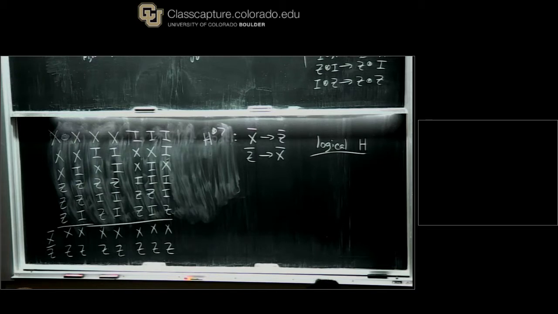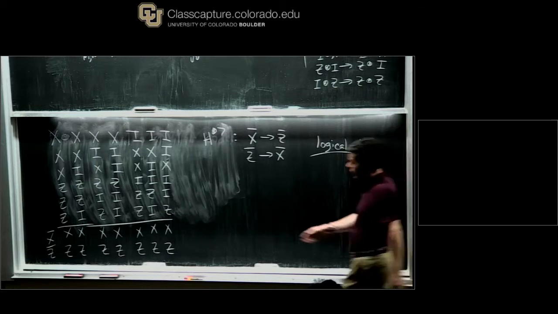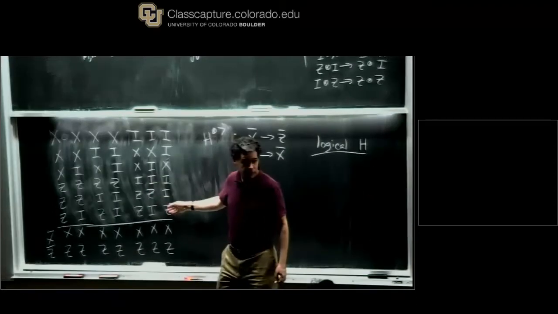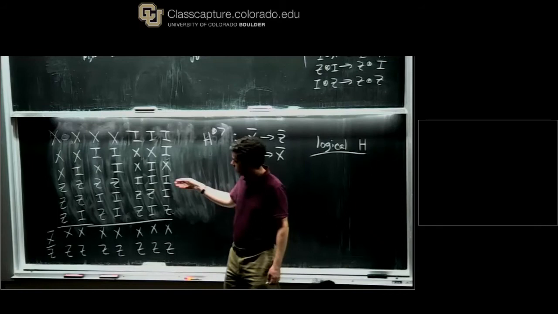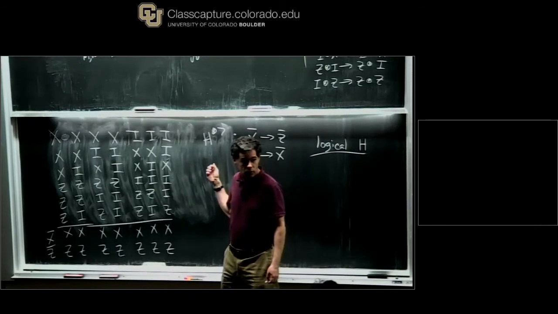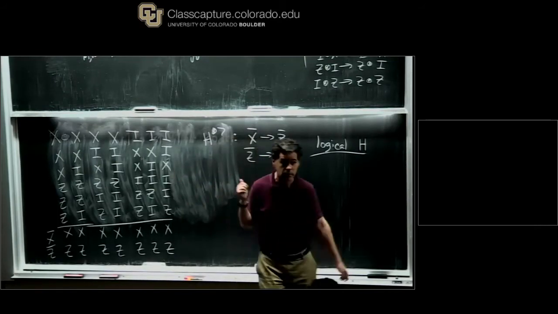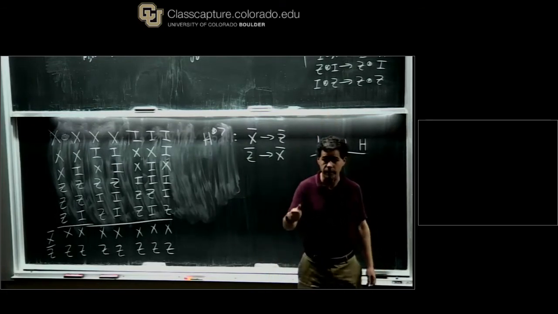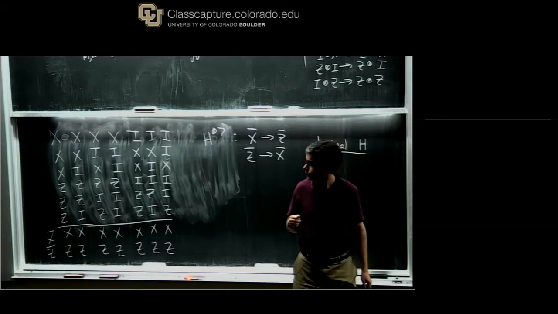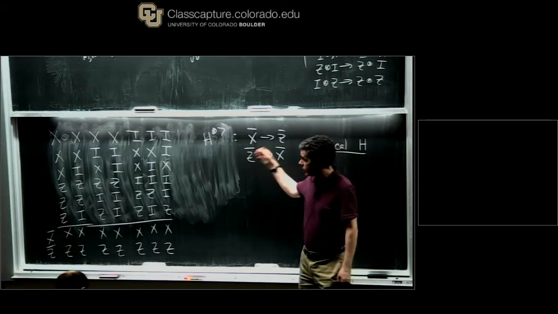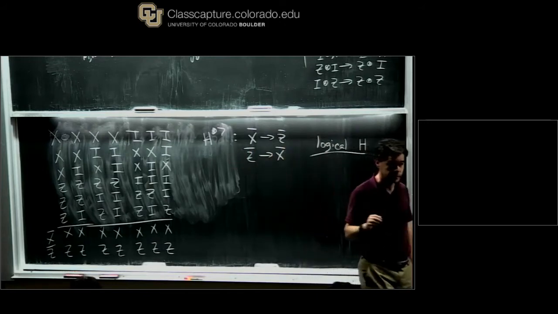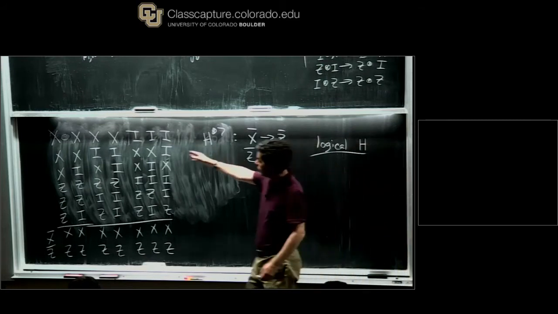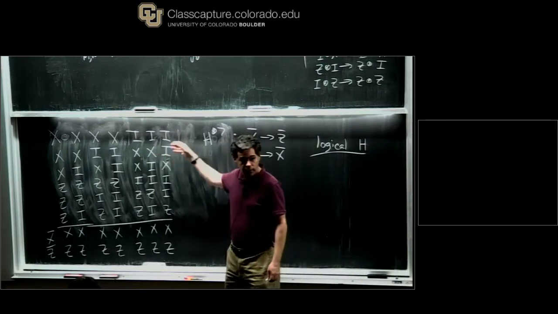If we look first at these generators, Z's tensor I's, the CNOTs will not do anything, right? Because Zi goes to Zi. So they stay the same. They're still in the stabilizer. And similarly, I's tensor X's will stay the same. But what about X's tensor I's?